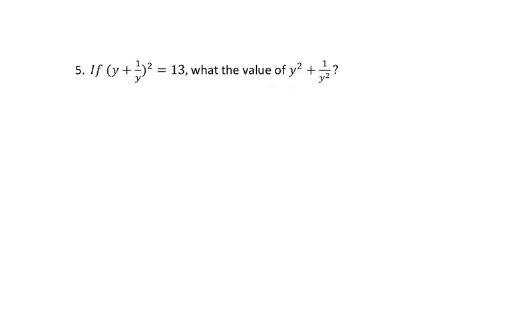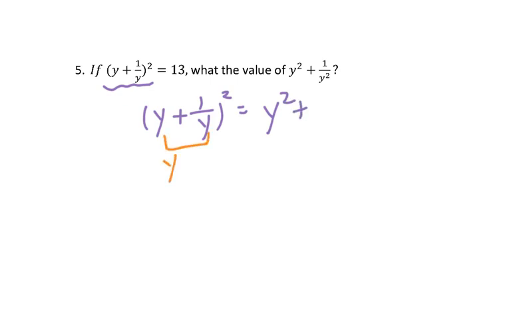For number 5, if (y plus 1 over y) squared equals 13, what's the value of y squared plus 1 over y squared? Still, I need to do this first: (y plus 1 over y) squared. That means y squared plus 2ab, that means y times 1 over y, then times 2. Reduce, you will get 2, so plus 2, then plus 1 over y squared.